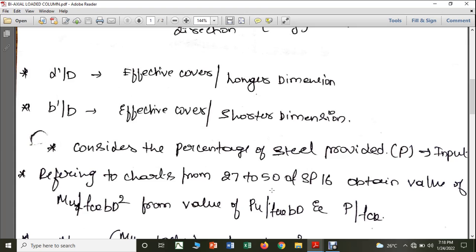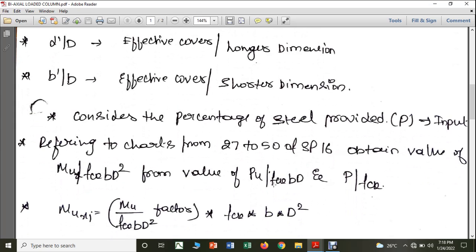Now first, I will find out the value of MUX by FCK BD square from P by FCK and PU by FCK BD. Based on the D dash by D value, I am finding out MUX by FCK BD square.